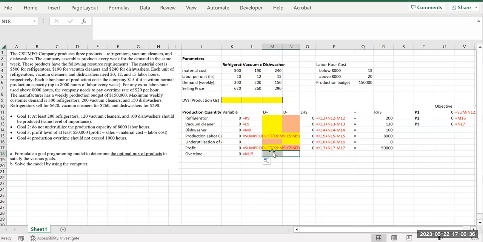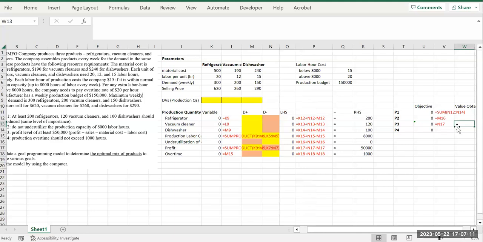But what we want to minimize is going to be the amount that you exceed 1,000. So the negative is going to be positive. So it's going to be similar to this. So we wanted to avoid underutilization. Here, we want to also avoid overtime, but we have a specific target for that of 1,000. Everything else remains the same. P4 is going to be bad deviation on overtime. And yeah.